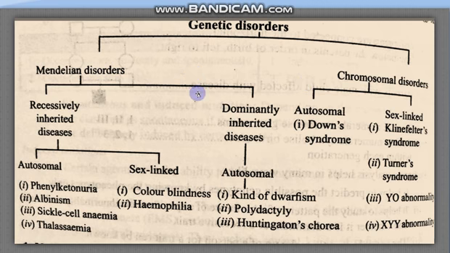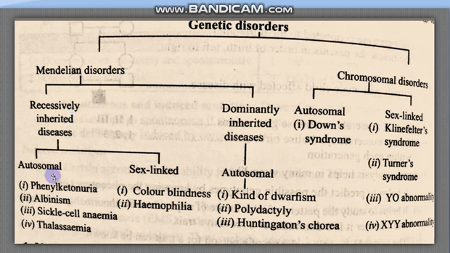If we further study the Mendelian disorders, they can be studied under two headings. One is recessively inherited diseases, and the second one is dominantly inherited diseases. If we go further down, the recessively inherited diseases are of two types.